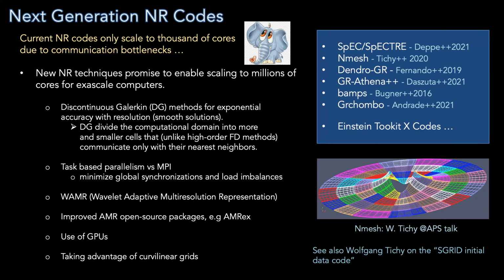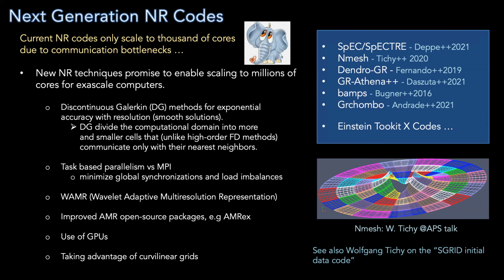Okay, discontinuous Galerkin divides the computational domain into more and smaller cells so they communicate only with their nearest neighbor. So they become much more efficient this way. There's task-based parallelism, okay, which minimizes global synchronization and load balances, which is really applied in some of these codes.